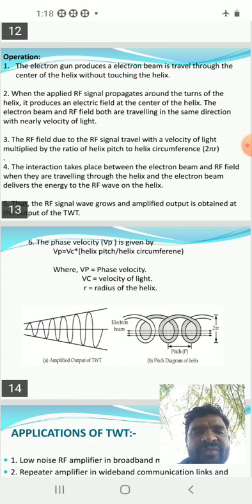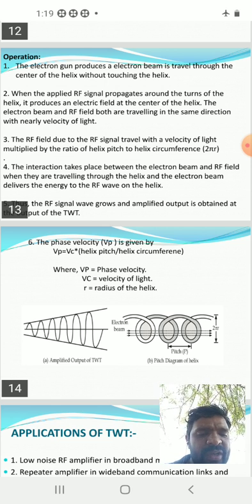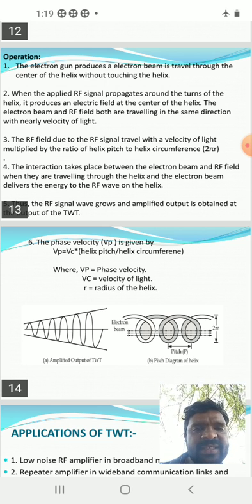When the applied RF signal propagates around the turns of the helix, it produces an electric field at the center of the helix. The electron beam and RF field both travel in the same direction with nearly the velocity of light. Here in the vacuum tube, the RF input signal is given to the helix input.